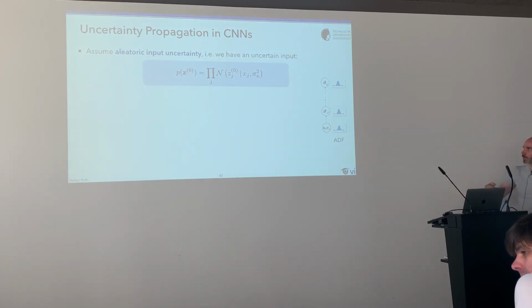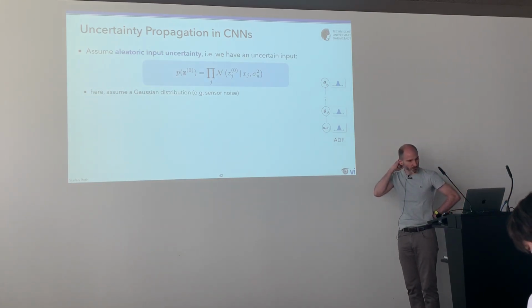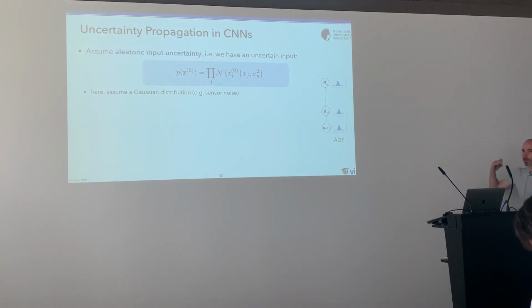And I'm assuming that this is distributed as a Gaussian distribution, with the mean being the true activation and a certain variance around it. And that's a pretty sensible thing because we have, for example, sensor noise. Okay? And now I need to think about how I model every layer in the network in this fashion.